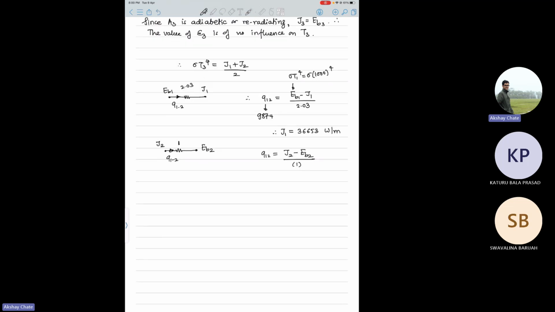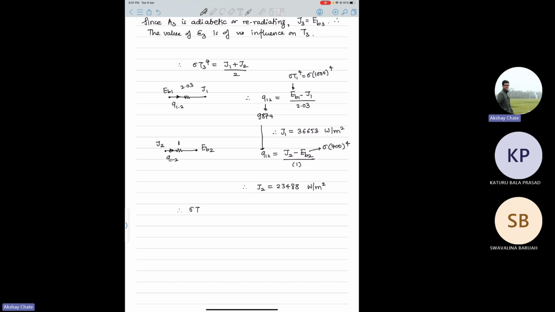And EB2 is nothing but sigma into 700 power 4, and this is the same as 9874. Therefore, if you solve this, you should get J2 as 23488. The unit is watt per meter square, because it's sigma T power 4. So that's how we calculate J1 and J2.